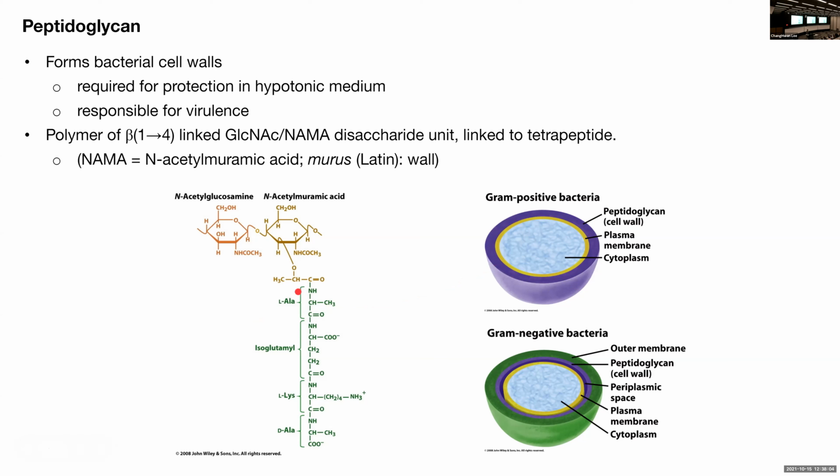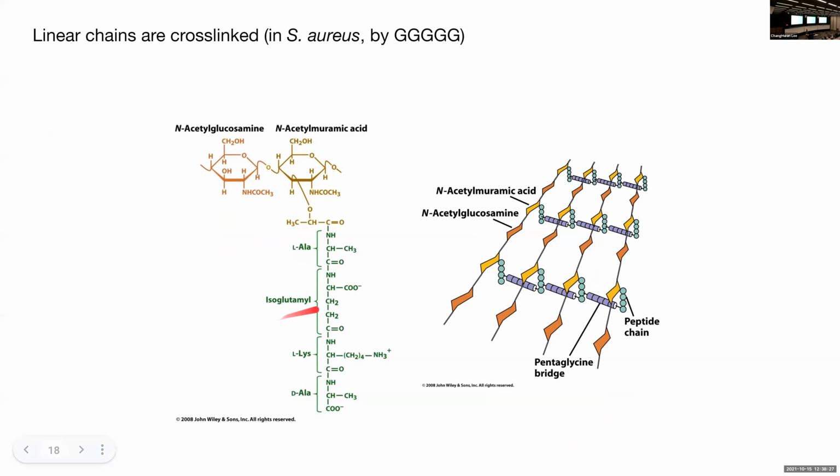And also it has these amino acids that are attached to the end of this NAM, which are alanine, glutamine, lysine, and alanine. And that is important for making the cross-links of these peptidoglycan polymers. So how it works is that this disaccharide unit makes a really nice long chain, but just a long chain doesn't do too much.